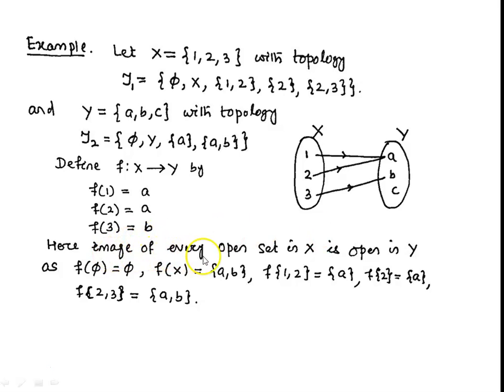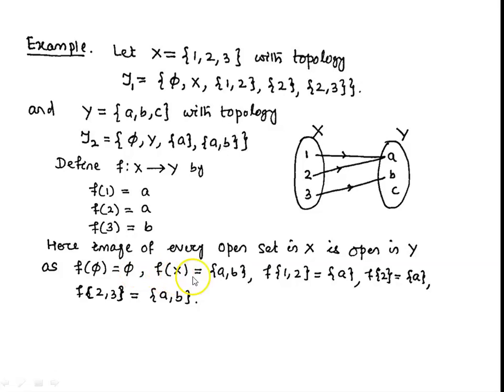Here the image of every open set in X is open in Y, because here in X the open sets are this: empty set, whole space, set containing 2 points {1, 2}, set containing single point {2}, and set containing 2 points {2, 3}. Now let us check what are the images of these open sets. Clearly f of phi is phi, which is open.